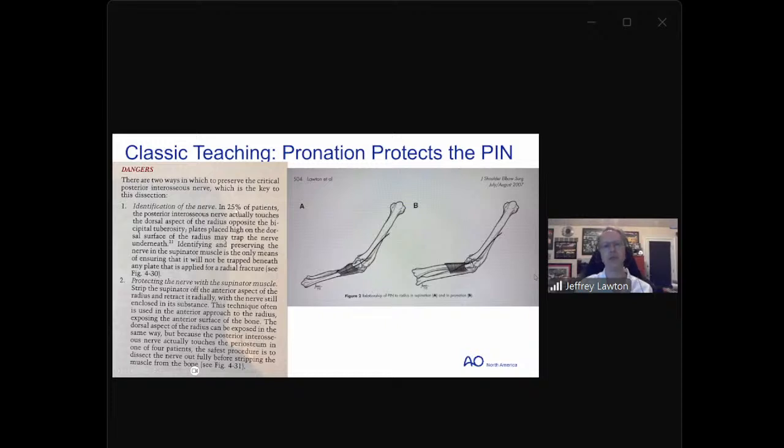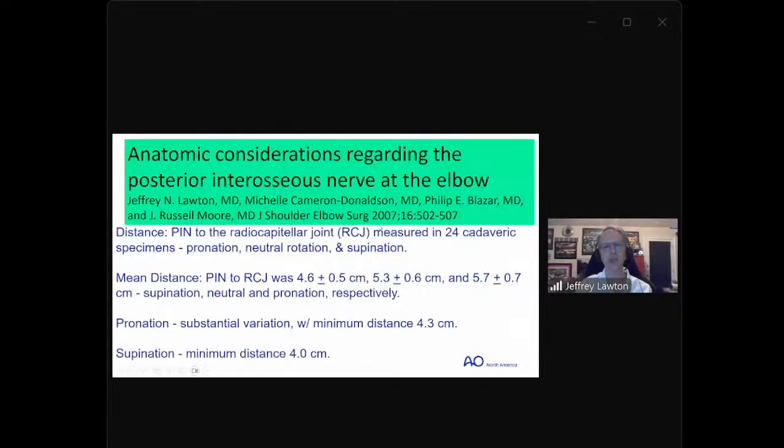But even in those textbooks, they point out that 25% of patients lack that deep head of the supinator, and the posterior interosseous nerve is directly on the periosteum of the proximal radius, and it doesn't move. We actually did an anatomic dissection study in 24 cadavers, where we looked at how the posterior interosseous nerve moved with pronation and supination.